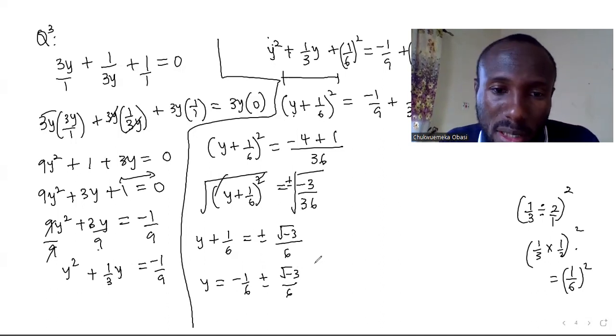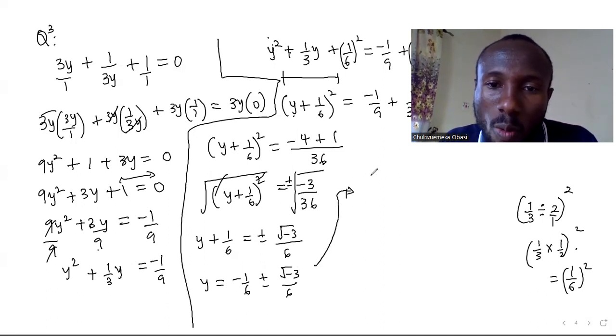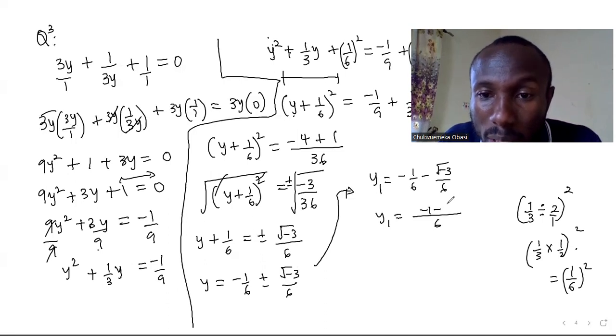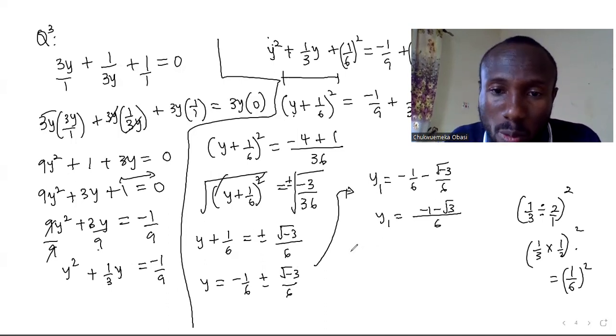So now we have y1 will be equal to minus 1 over 6 minus root minus 3 over 6. Or you can also write y1 as everybody over 6, minus 1 minus root 3, right? Then y2 would be taking the addition sign. You took the subtraction, so now you take the addition sign.